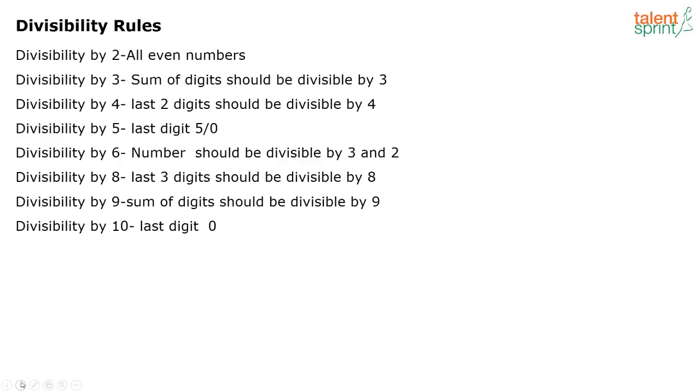Okay, now these are the basic definitions of the numbers that you should be aware of. The next important thing that you need to know is the divisibility rules. I am sure all of you know the divisibility rules by heart for all the numbers starting from 1, 2, 3, 4, 5, 6, 8, 9, 10. I have just listed down the rules here on the screen, and I'll give you a number.